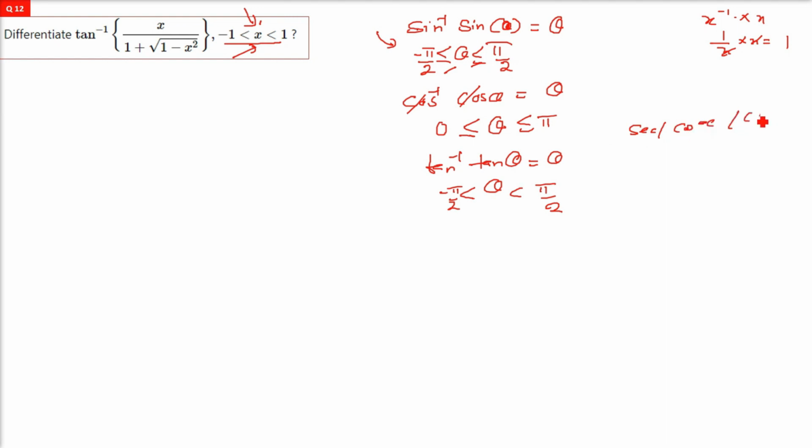Similarly, we have for sec, cosec, cot, when we can cancel it, when we can assume it to be a kind of inverse thing. So this question is important, but the range and the boundary check is vital to solving this question.